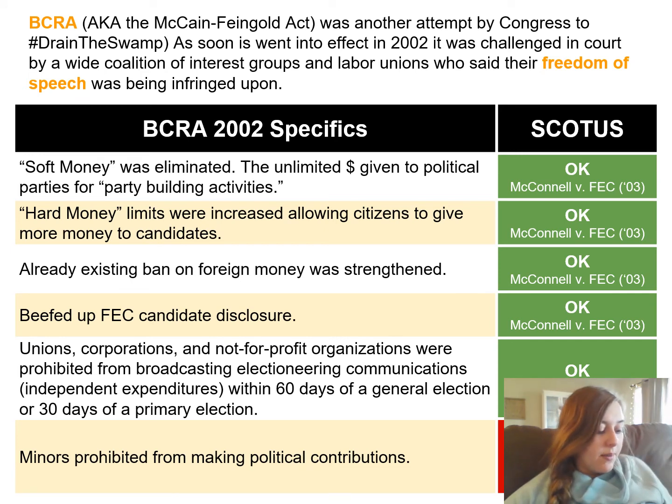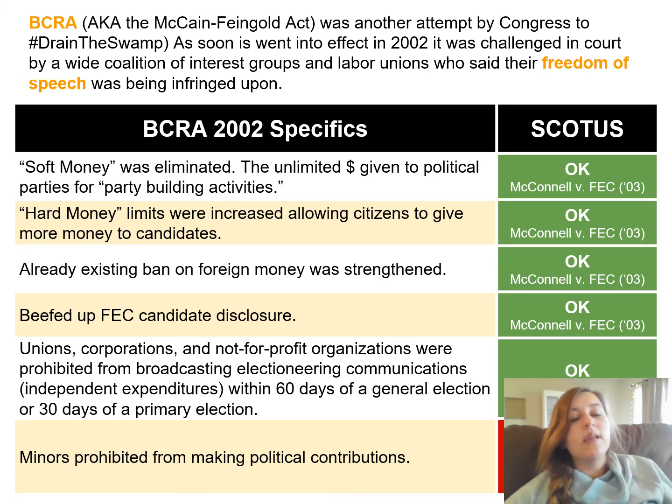Another congressional law, the Bipartisan Campaign Reform Act, comes around in 2002. It's another attempt by Congress to limit corruption, right? So what they do in this law is they eliminate soft money.